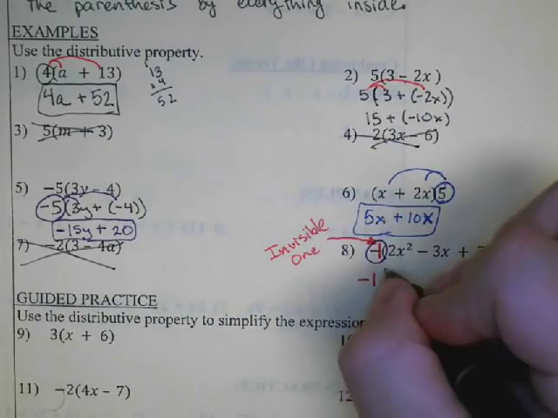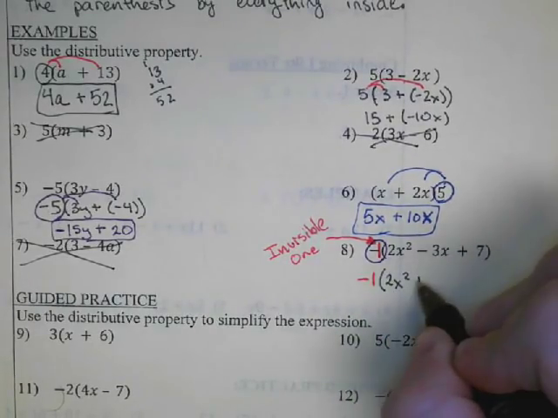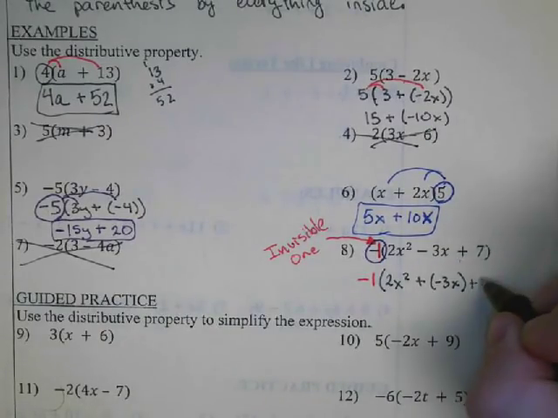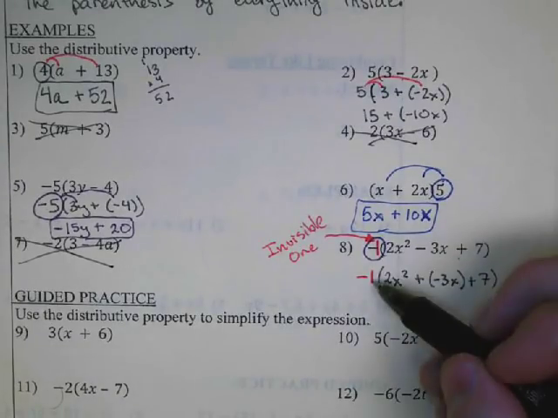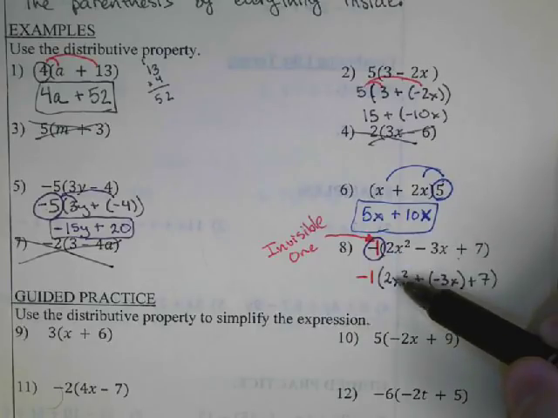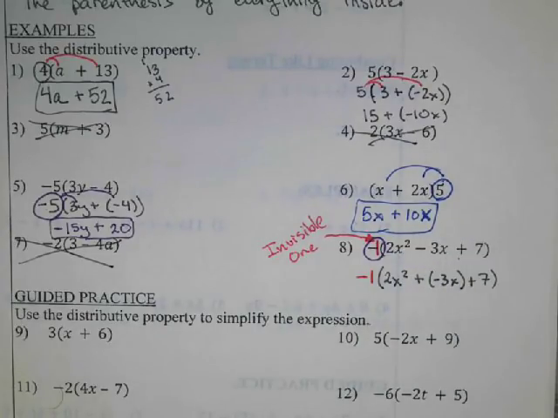Then I have my parentheses. 2x squared, we're going to keep, change, and plus 7 is going to stay plus 7. There we go. So we wrote in our hidden 1. So we have a negative 1 we're distributing, and we did our keep, changing subtraction to addition, and our opposite of the term following the subtraction.